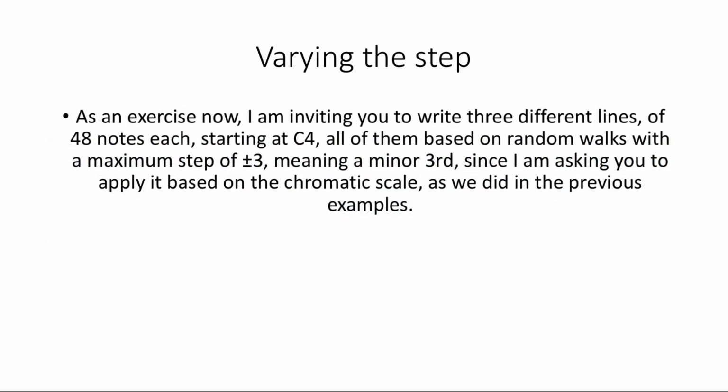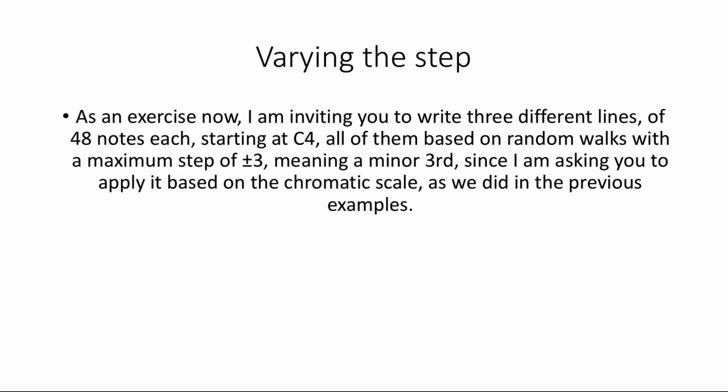As an exercise now, I'm inviting you to write 3 different lines of 48 notes each, starting at C4, all of them based on random walks with a maximum step of ±3, meaning a minor third.